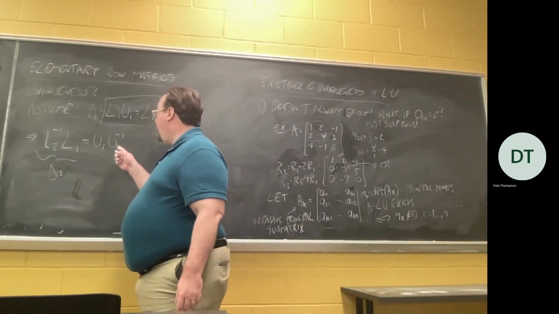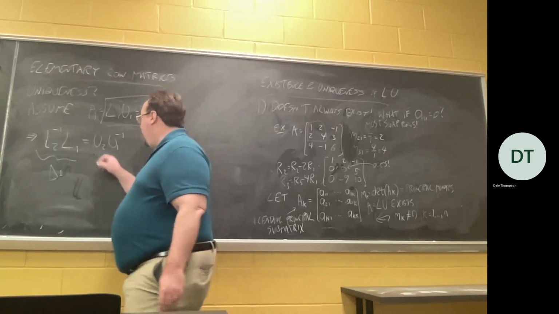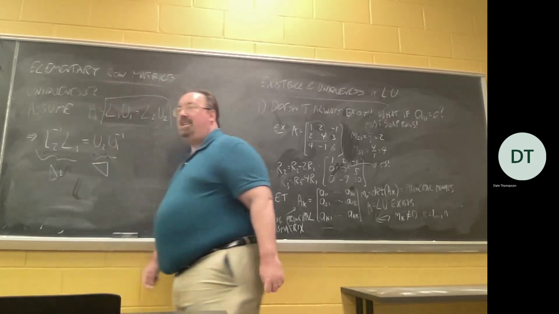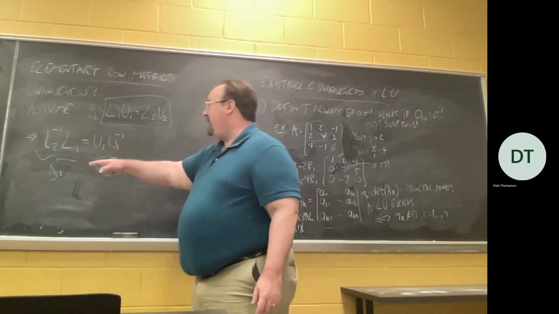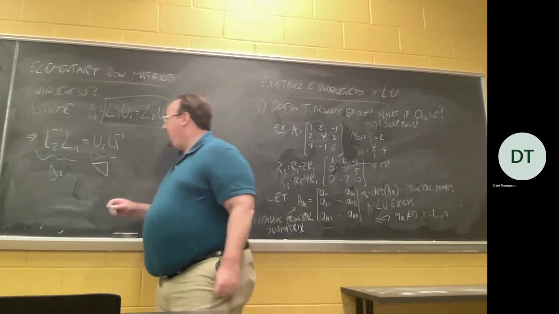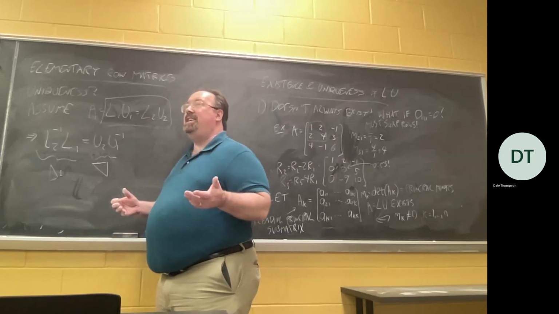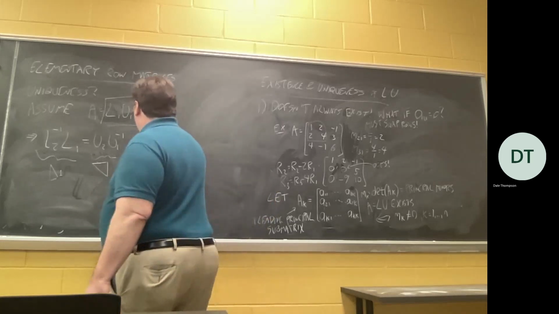U1 is upper triangular, so its inverse is upper triangular. Now we have upper times upper. That's what it amounts to. Because we have lower triangular equals upper triangular, we can't have any non-zero entries away from the diagonal.